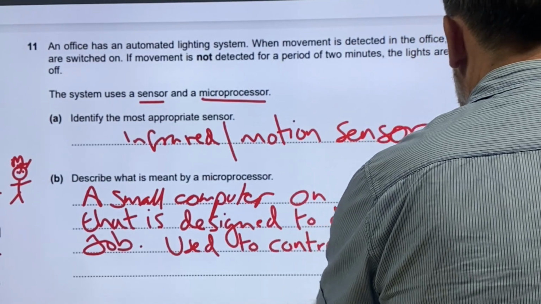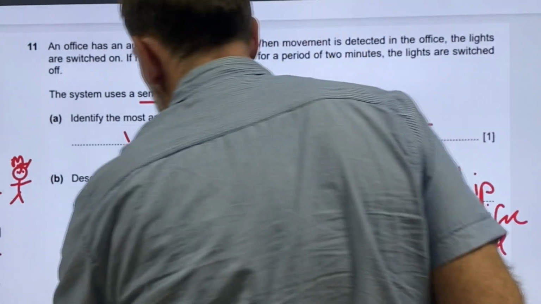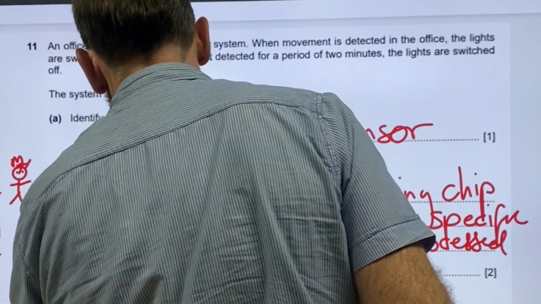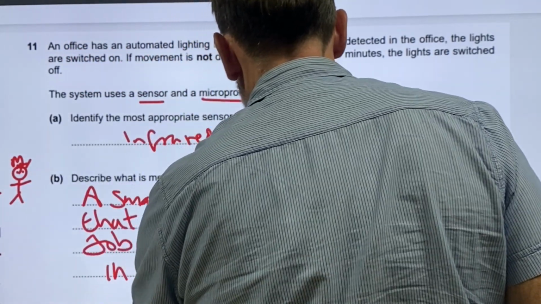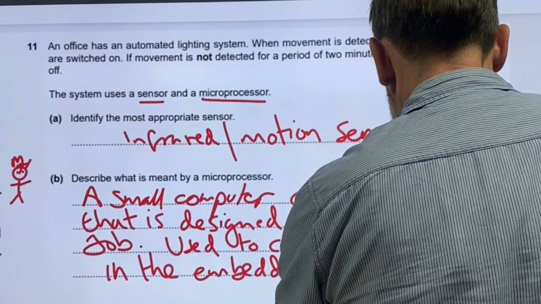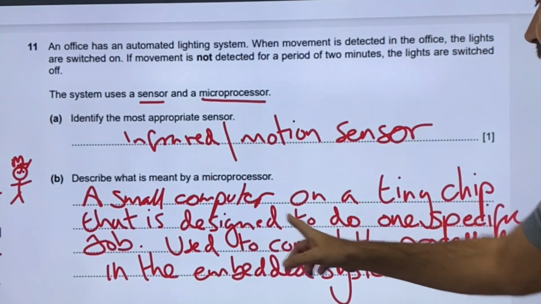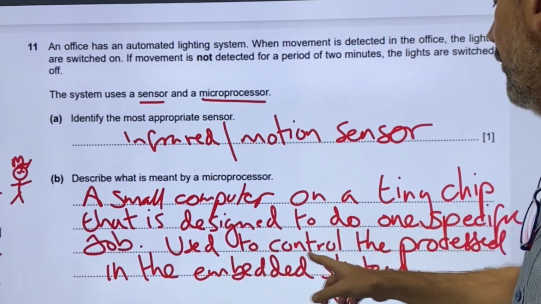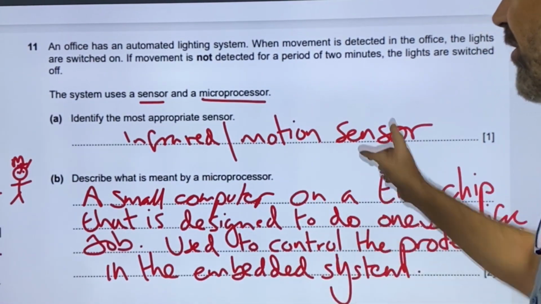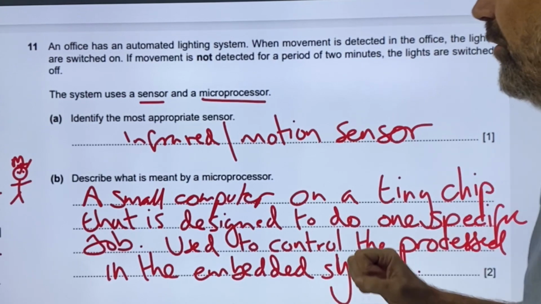It's used to control the processors in the embedded system, for this particular one, to turn the lights on and off.